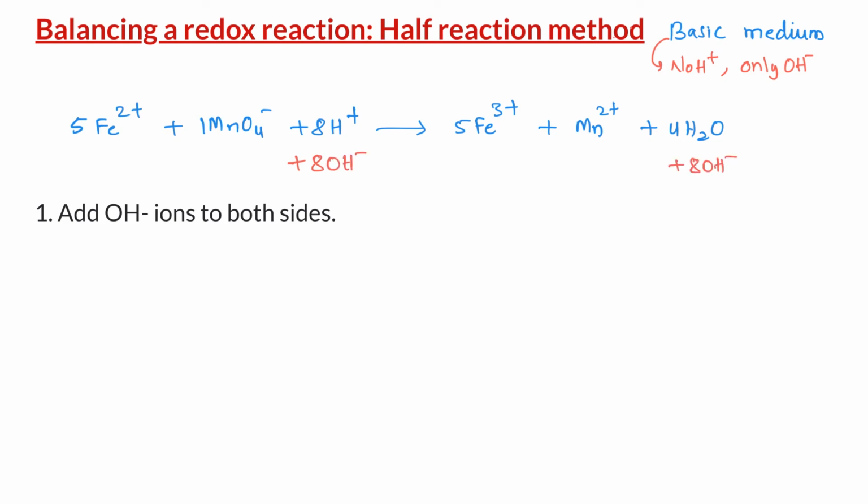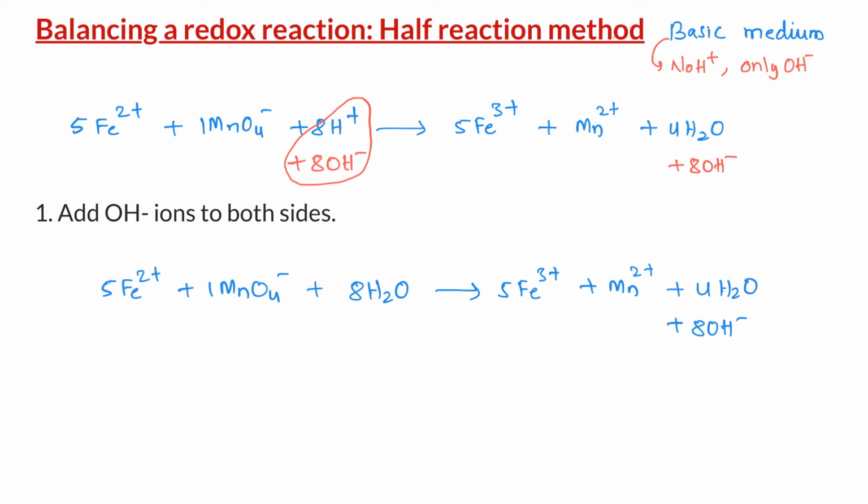So on the reactant side, 8 H+ ions and 8 OH- ions can be combined and written as 8 water molecules. Next, we eliminate as many water molecules as possible that are common on both sides.